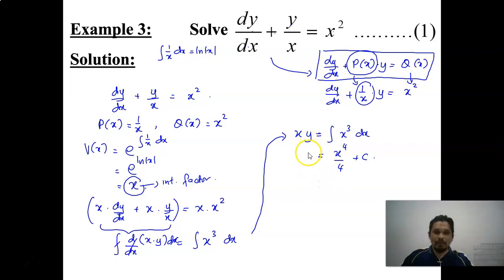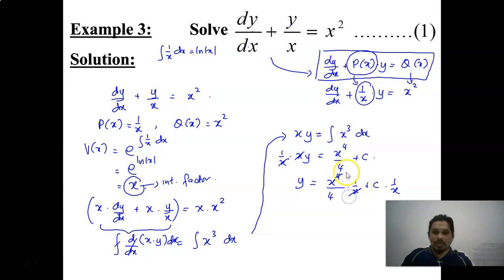Okay, we want it in the form of y equal to f(x). Y equal to f(x) means that we need to bring this x to the other side, so y equal to divide by x. So x to the power of 4 divided by 4, and imagine this one as xy multiplied with 1 over x. So also here we come up with 1 over x, plus c times 1 over x.